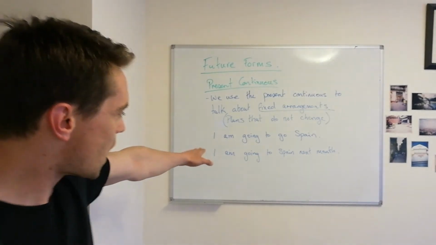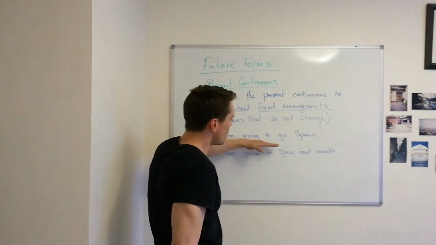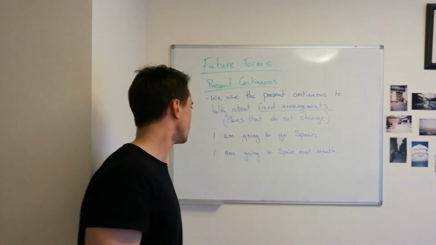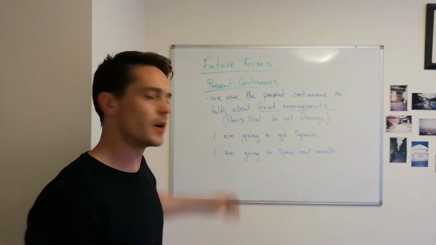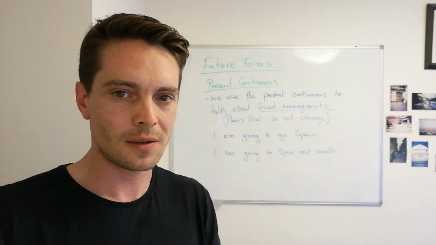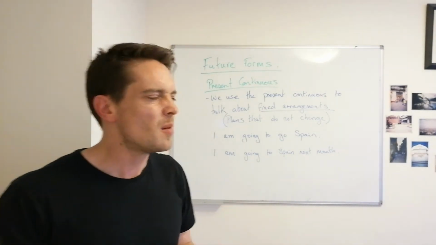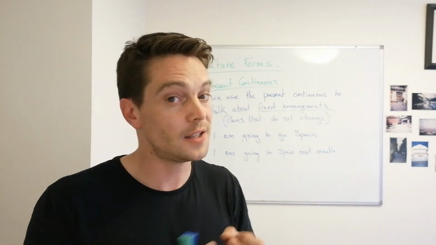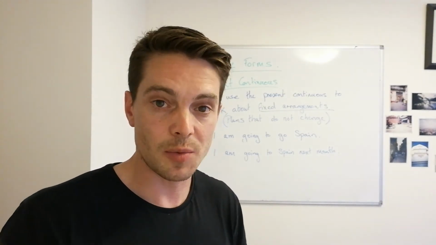The first sentence, I am going to go to Spain. That's using the going to form. The second one, I am going to Spain next month. So the first one, this is a plan, but maybe it will change. I have a plan to go to Spain, but I don't have a flight, I don't have a hotel, I don't have a Spanish phrasebook.